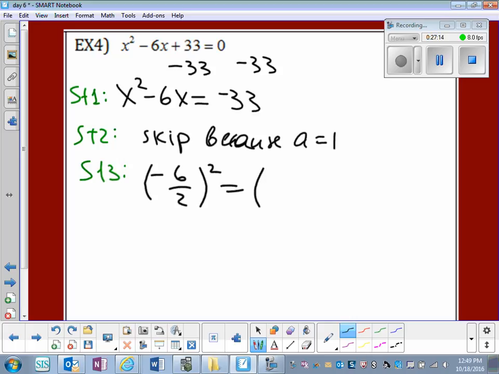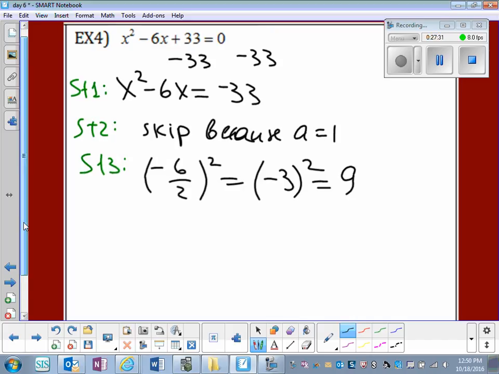Let's just see what's inside. Negative 6 over 2 is what? Negative 3 squared is what? David? 9. Okay, done with that step.